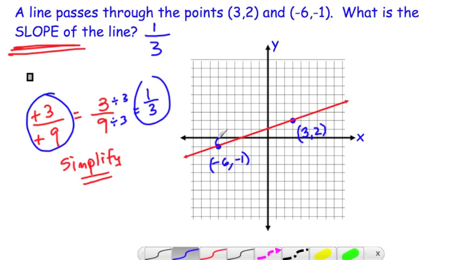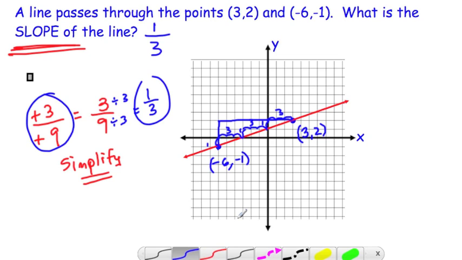Up 1 over 1, 2, 3. Up 1 over 1, 2, 3. Every time I do it, it lands on the line. It's the same as going up 3 over 9.